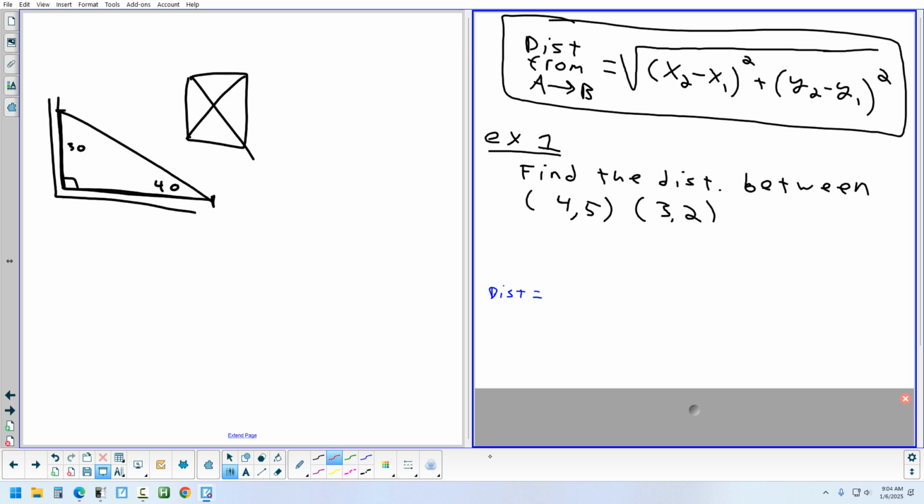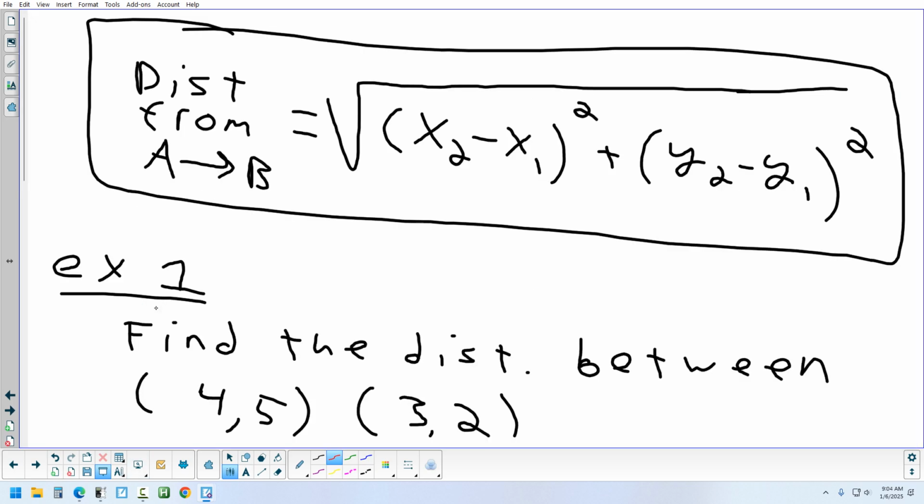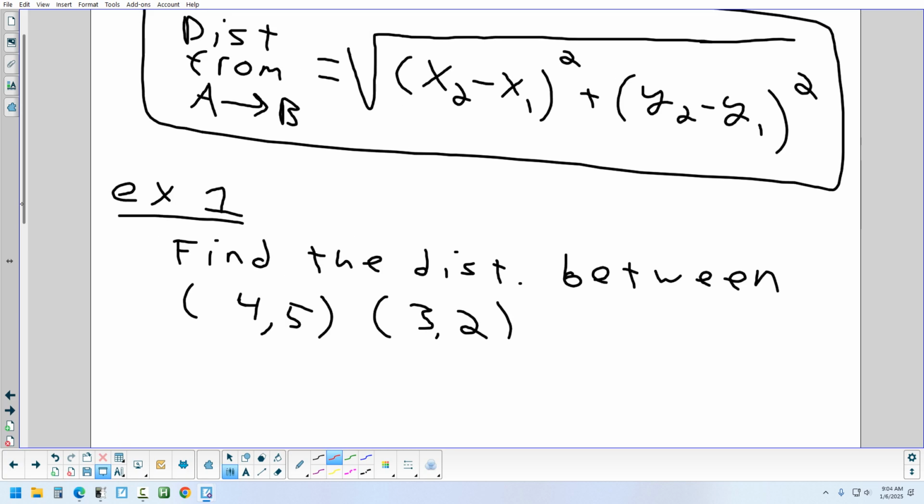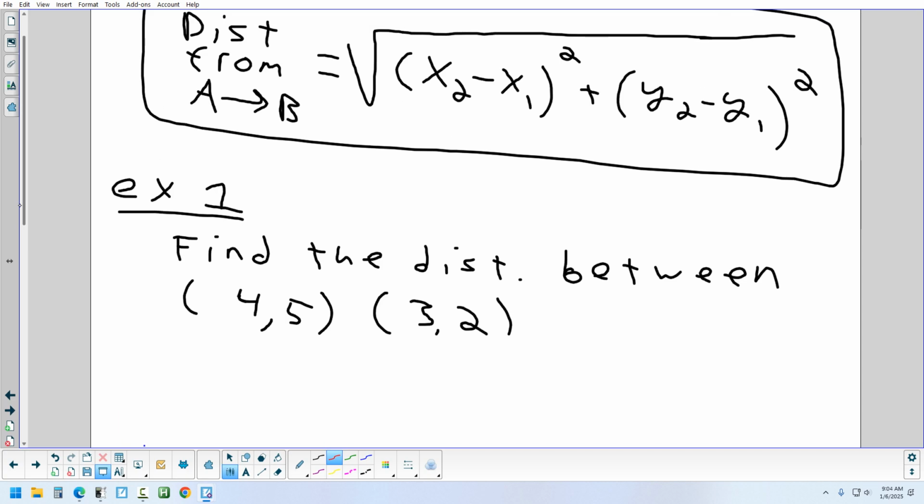Okay, first thing I would do there is, if you're not sure which number is which, let's label each of those 4 numbers, and then we'll know where they go. Okay, let's start with the 4. What, out of these values up here, what is the 4? x1. Yeah, that could be x1. And the 5 would have to be y1.